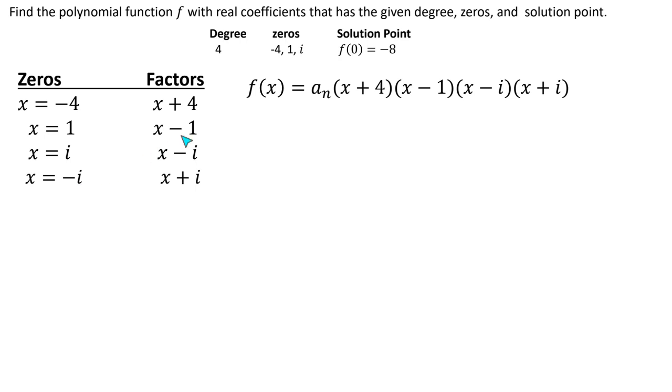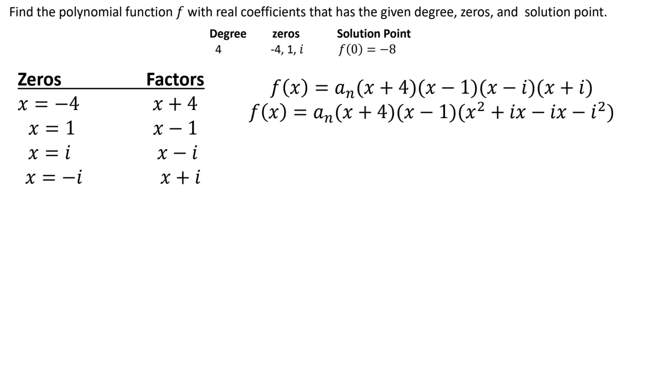So here I'm going to need my factors. And so I can write these as x plus 4, x minus 1, x minus i, and x plus i. So I can set up my polynomial. And then what you want to do is multiply it out. So you can multiply these together first if you want to, but I like to multiply the imaginary numbers first. That way we just get rid of them. So x times x, and you can use the shortcut, right?